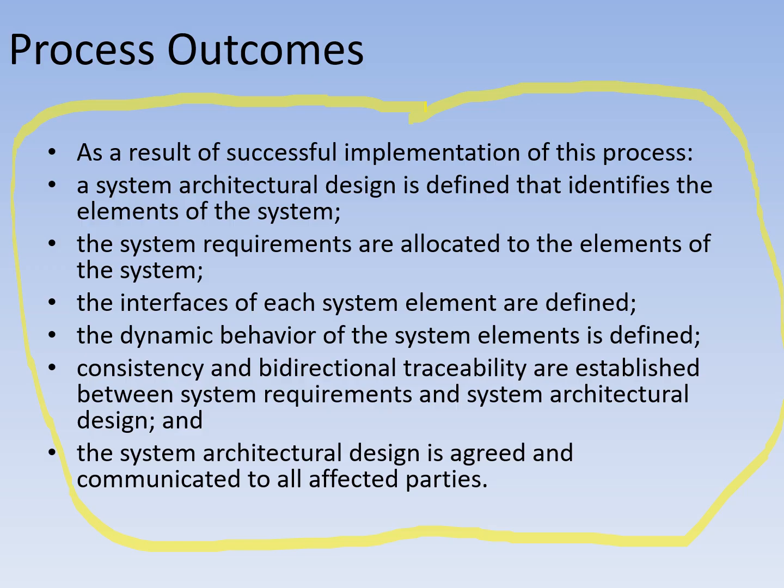The system requirements are allocated to elements of the system. The interfaces of each system element are defined. The dynamic behavior of the system elements is defined. The consistency and bidirectional traceability are established between system requirements and system architectural design. The system architectural design is agreed and communicated to all the affected parties. Now, these are all something which we already covered.